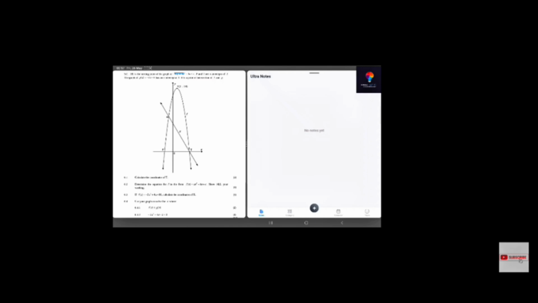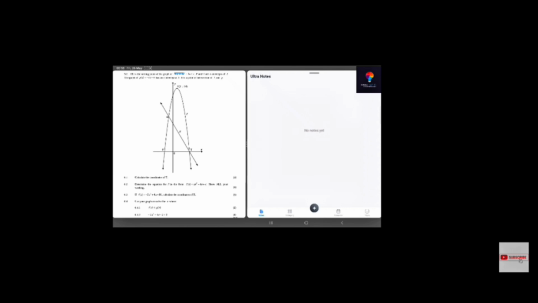As you can see, question 6 is having a parabola and a straight line. So the statement of the question says that S, which is having the x coordinate and the y coordinate of 1 and 18, is the turning point of the graph of f of x, which is equals to ax squared plus bx plus c.